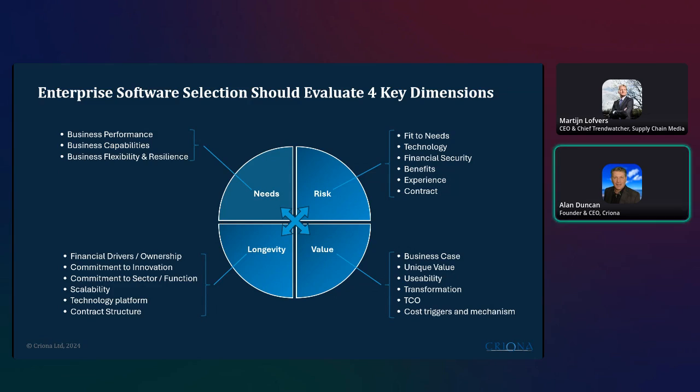I won't go through all the bullets. Risk is probably something that, in the traditional approach, we already assess. A lot of times, risk is only assessed at a program level. It's not assessed at a vendor level.